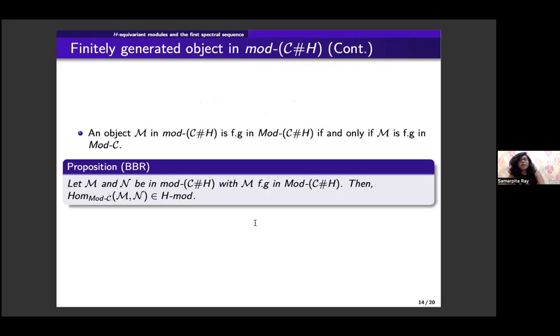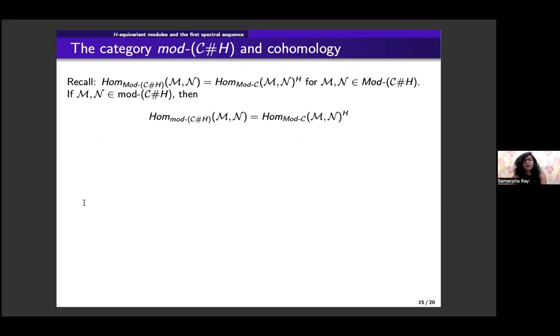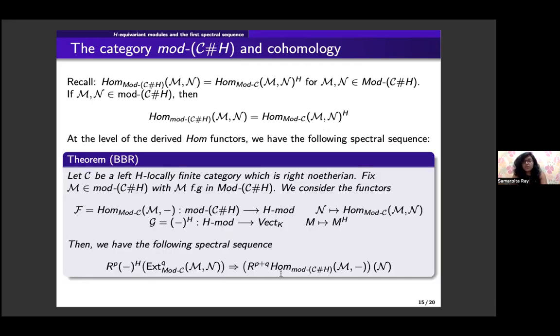Now the way we compute the cohomology in the smaller category, which is not the H equivariant modules but the H finite elements, is that first we prove that if you take modules from here, then the Hom sets are going to have an H module structure, because then we can take the invariants, and that will help us to compute the derived functors in this smaller subcategory of the module category.